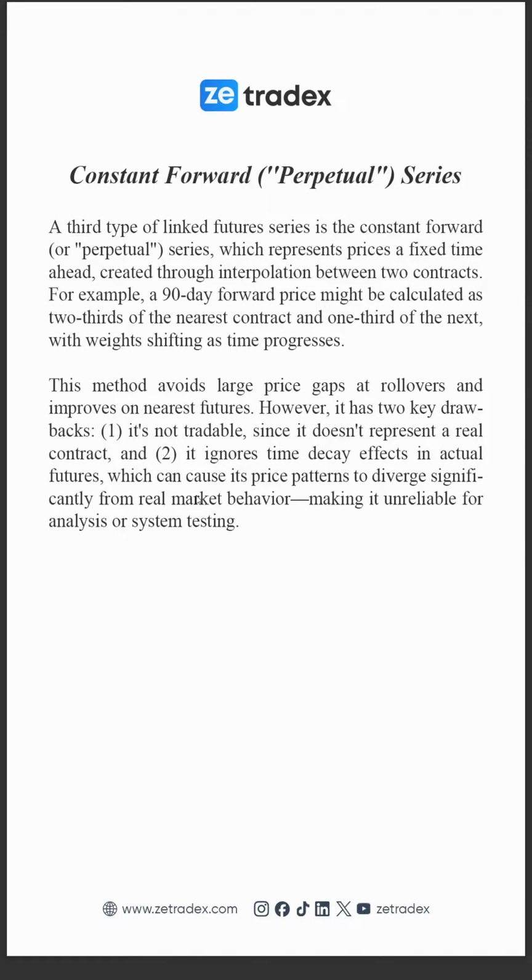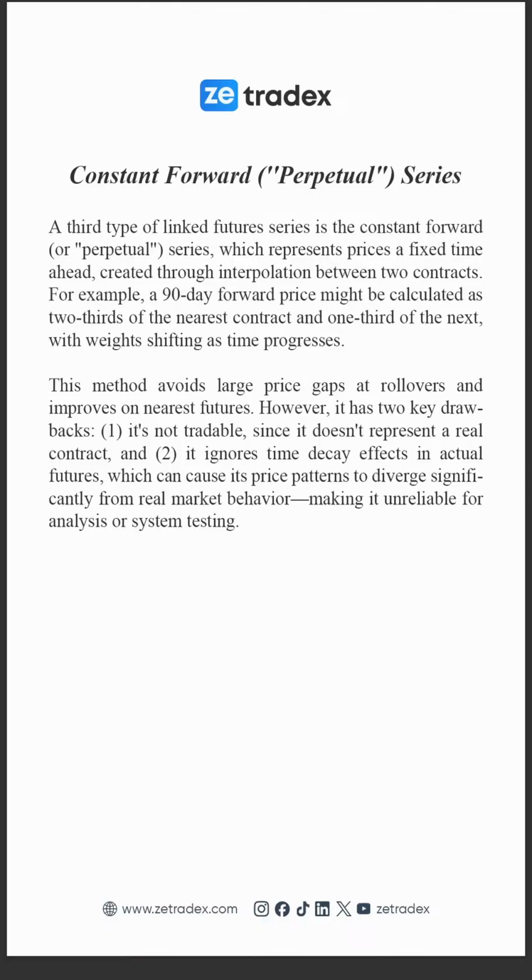Constant forward perpetual series. A third type of linked futures series is the constant forward, or perpetual, series, which represents prices at a fixed time horizon and is created through interpolation between two contracts. For example, a 90-day forward price might be calculated as 2/3 of the nearest contract and 1/3 of the next, with weights shifting as time progresses. This method avoids large price gaps at rollovers and improves on nearest futures.